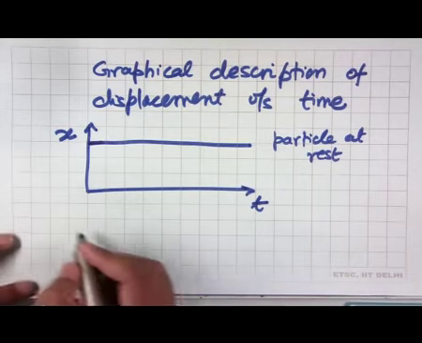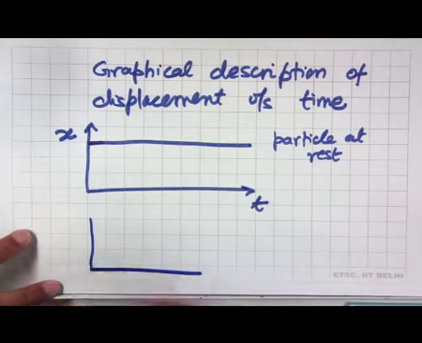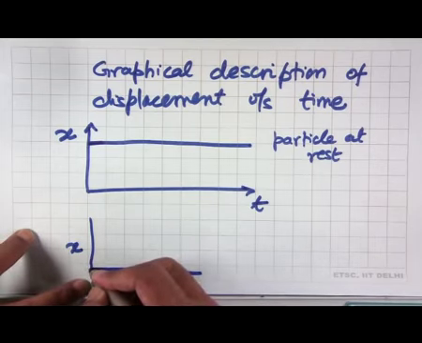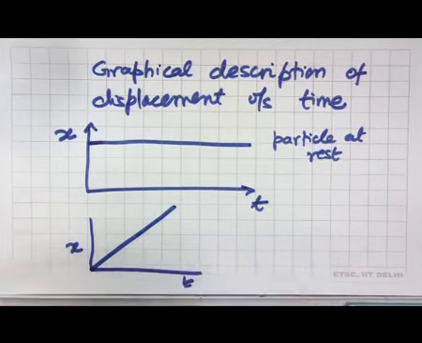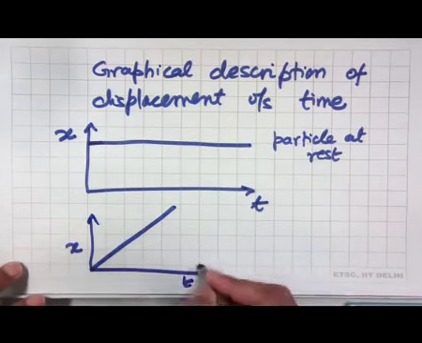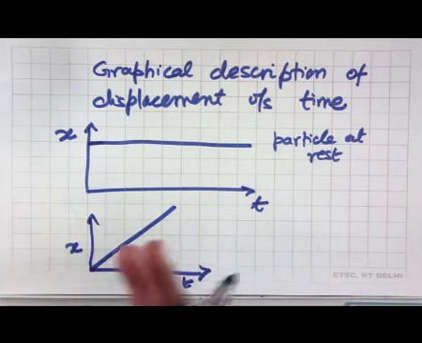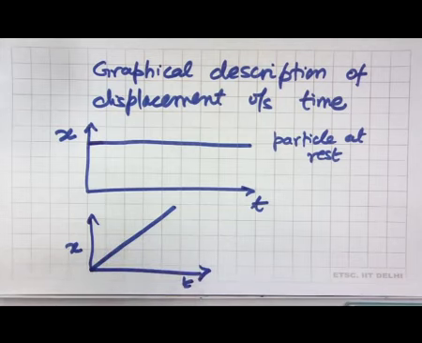Now, we could have a second case where the particle starts from the origin, and as time increases, the particle keeps on increasing its displacement. So, that means it is moving along a straight line and the x value keeps on increasing.